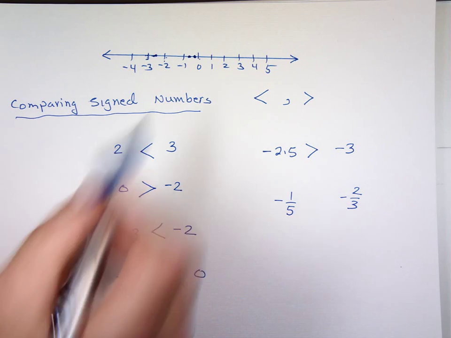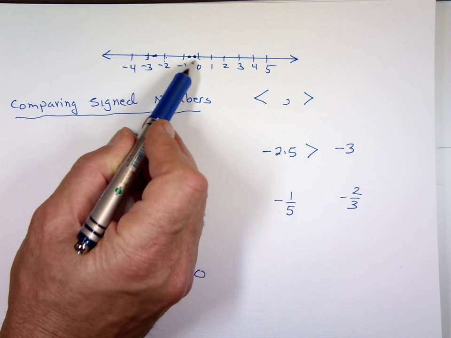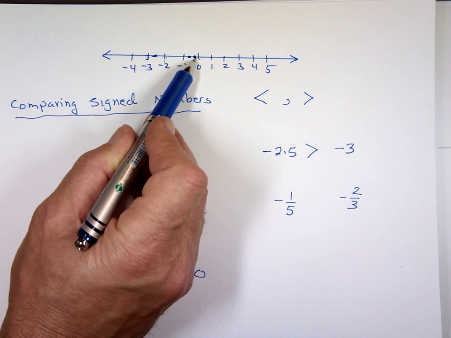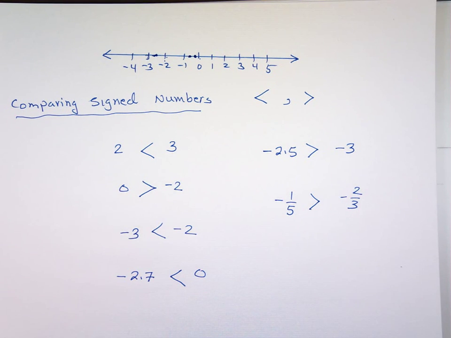So that's the 1/5, and that's the 2/3, both negative. The one on the right is always what? Bigger than the one on the left. And that's section 7.1.